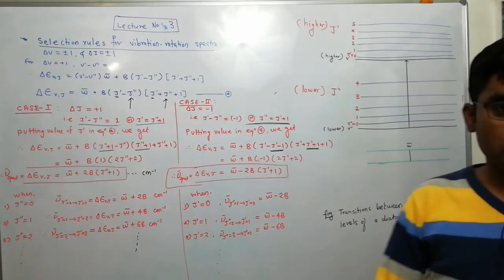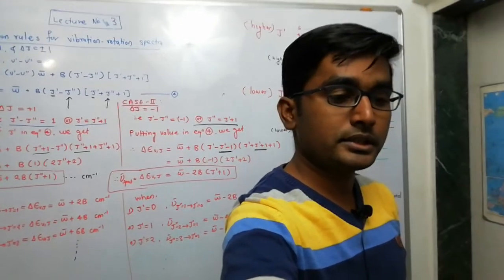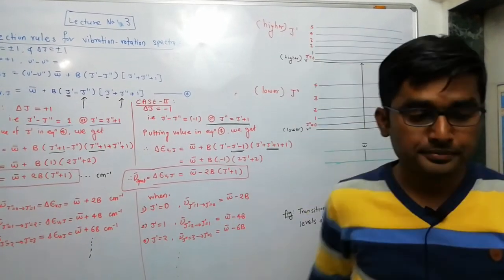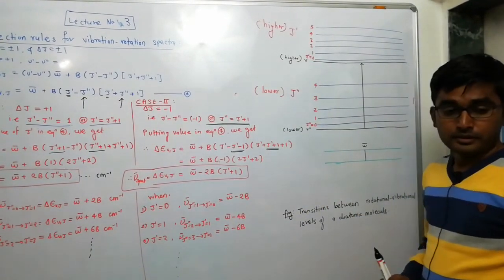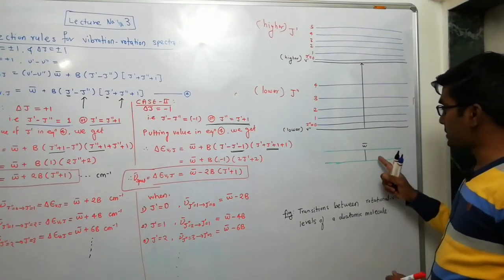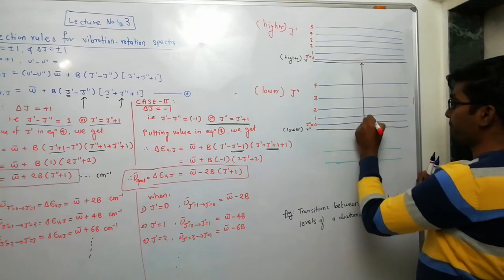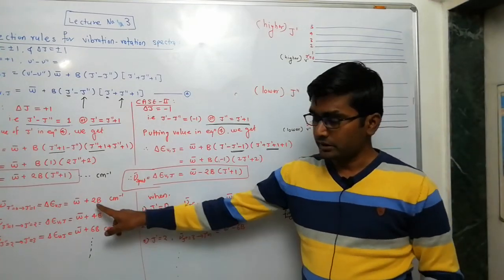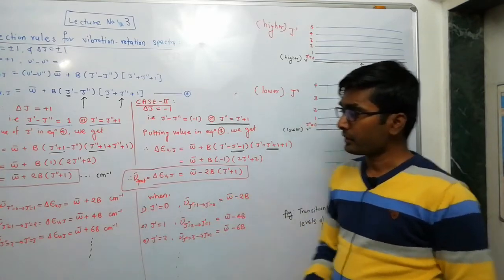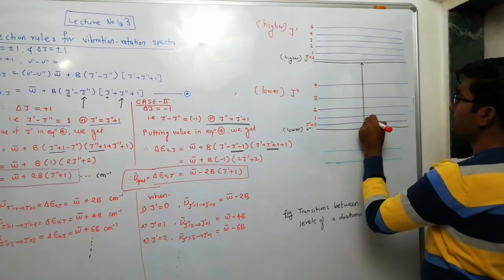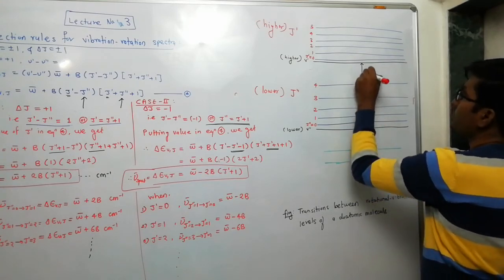I will adjust the camera a little. Now look at this transition, the first transition here, J double prime 0 to J prime equal to 1.